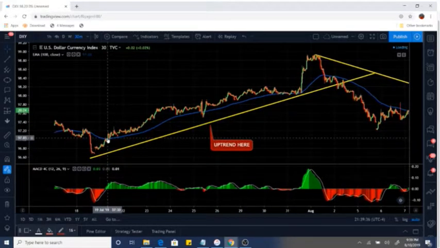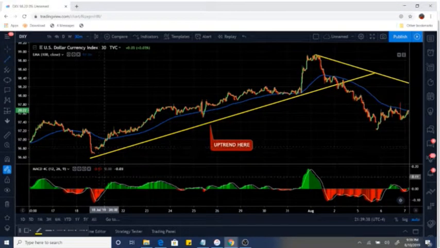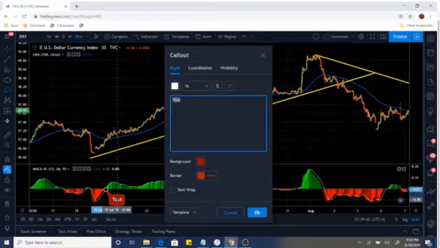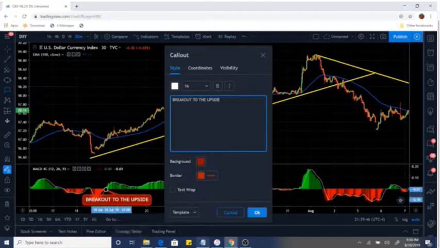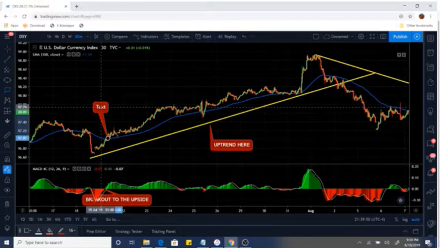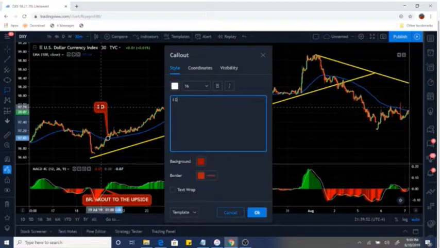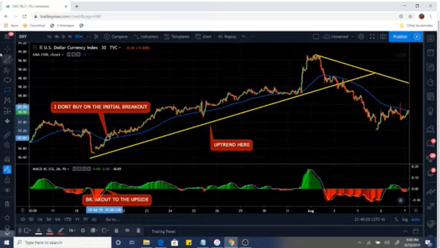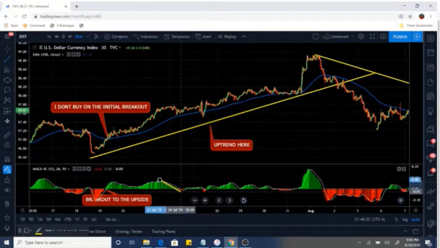Now look. When this was going uptrend, notice right here, this was my breakout. Breakout to the upside, uptrend. I don't buy here on the initial breakout. I wait for the retest.